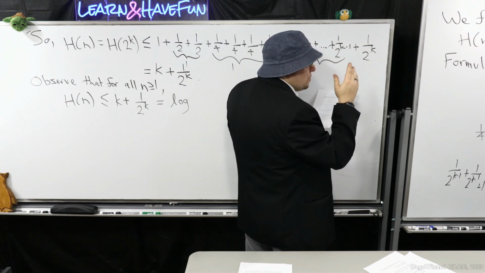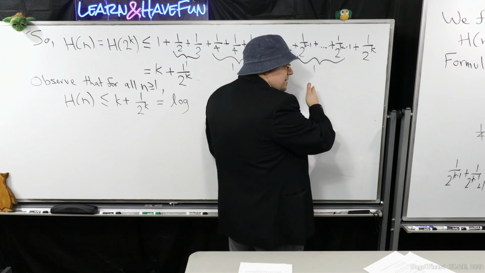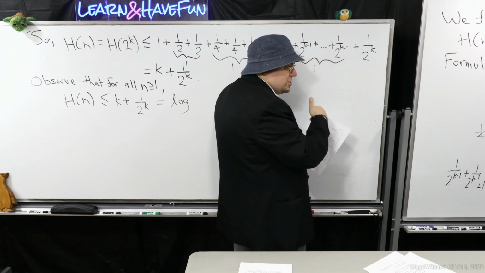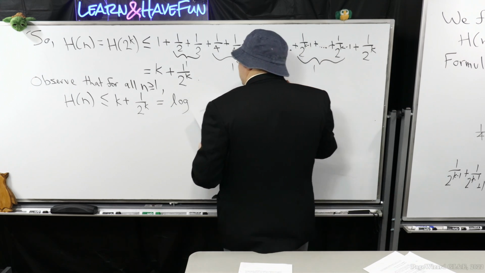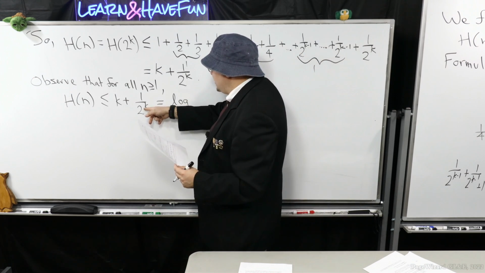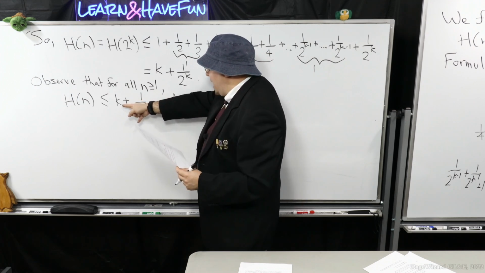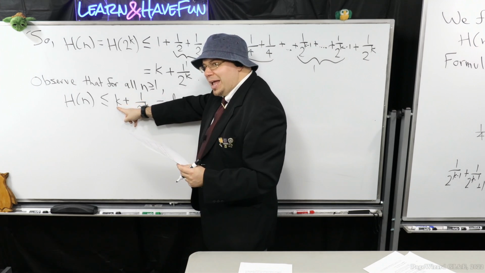Well, remember when I wrote out the definition of a logarithm, right? I have 2 to the power 1, log base 2 of 2 to the power of 1 is just 1, right? Okay. Well, we have k. Notice that this would be, in fact, whatever log base 2 of n would be.